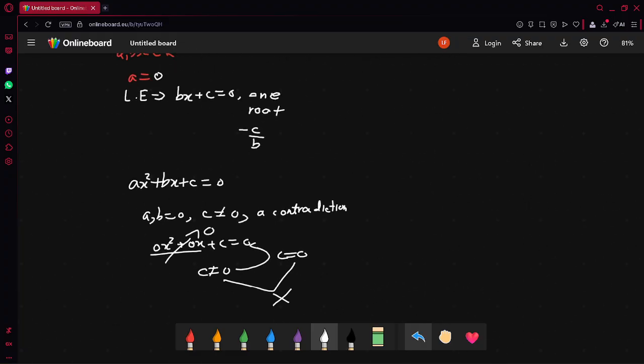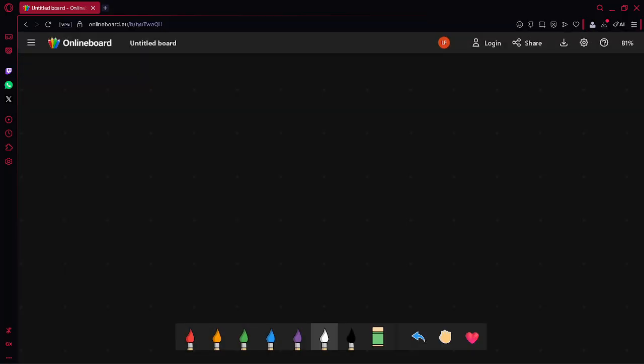Now let's assume that ax squared plus bx plus c equals 0. How many roots would a quadratic have? Anything with a degree 2 has at maximum 2 roots.